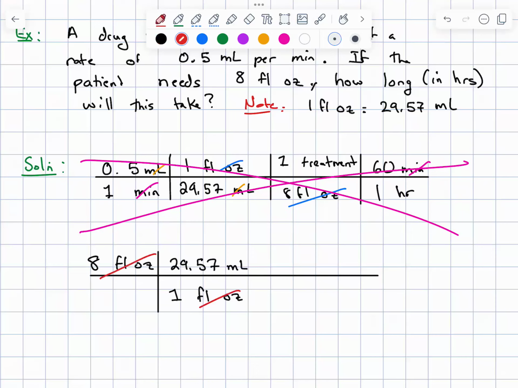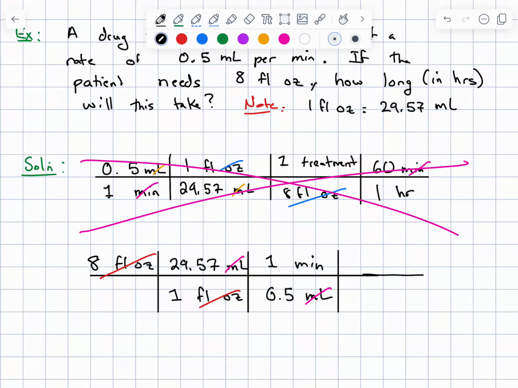That cancels the fluid ounces, and that will tell me exactly how many milliliters need to be administered. Then I know that I have a rate of 0.5 milliliters per minute, so that's 0.5 milliliters for every 1 minute. I need the milliliters in the denominator because that's the way I will cancel them. If I put the milliliters up top, then I get milliliters squared, and that's not what I want. I want to cancel the milliliters. I don't want a volume measurement.